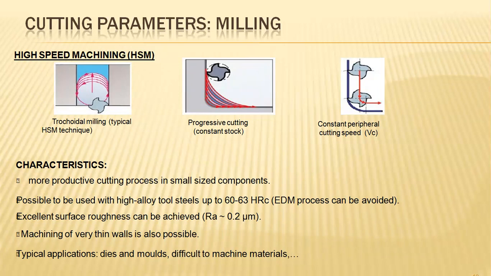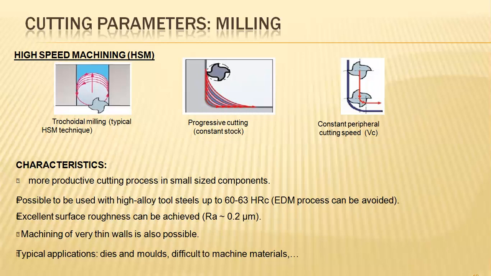Coming to its characteristics, it is a more productive cutting process, even in the case of small MRR. It is possible to use high alloy steels up to 60 to 63 HRC by avoiding the EDM process, with excellent surface roughness, and machining is possible even over very thin walls.